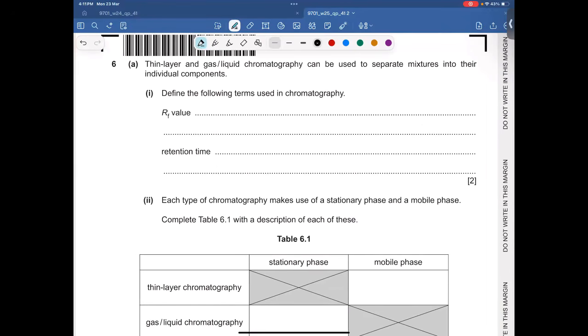Thin layer and gas liquid chromatography can be used to separate a mixture into its individual components. Define RF value, retention factor. So it is a ratio.